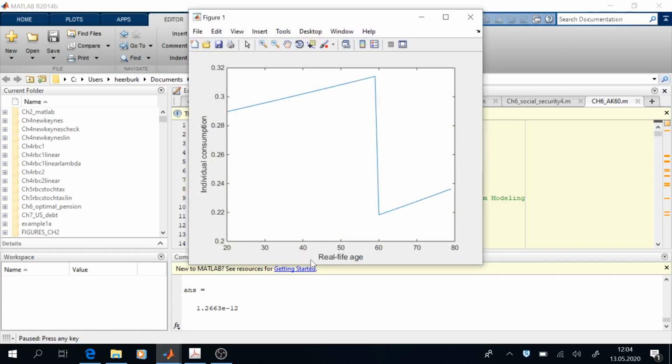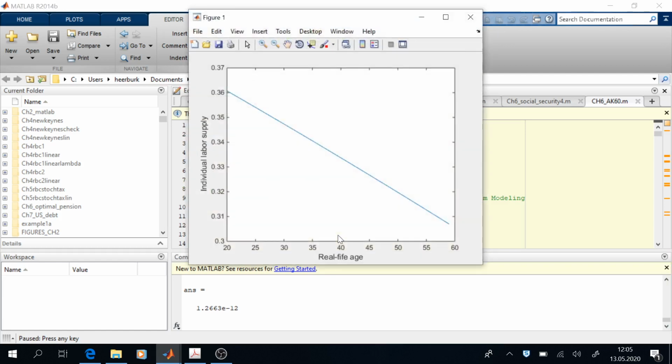The optimal consumption age profile, with the decline at age 60 when leisure increases to 100%, and the optimal labor supply, which declines over a lifetime from 0.36 to 0.31.